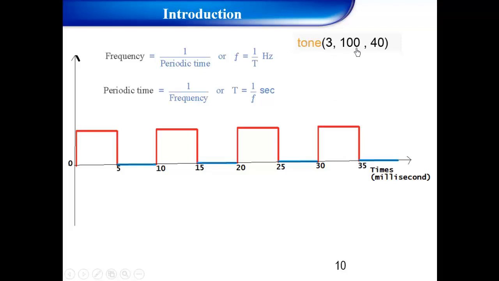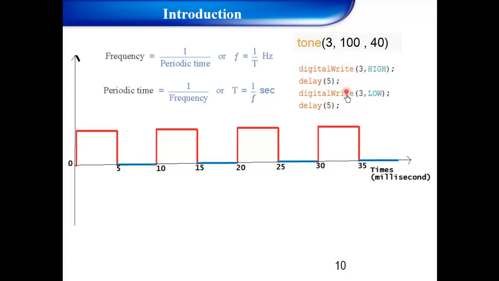Now this instruction generates this square wave. I can write this instruction or write this: digitalWrite high for 5 milliseconds, low for 5 milliseconds, high for 5 milliseconds, low for 5 milliseconds.